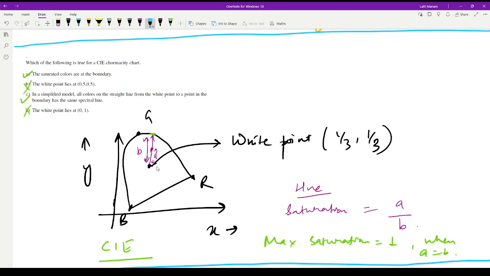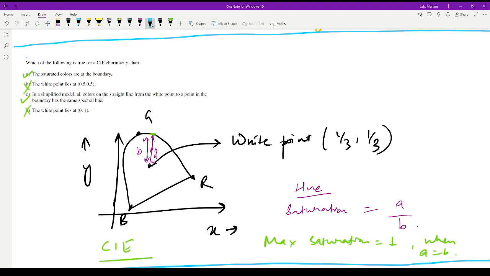You might have seen some hexagonal shape color chart or some other shape color chart. But this used to be the case, and they somehow mapped this whole thing to the hexagonal, or even a square. It depends on the company and their conventions. But this should be the underlying representation.